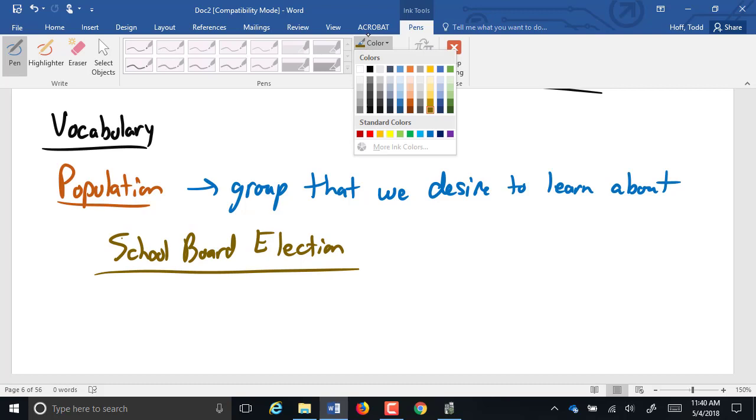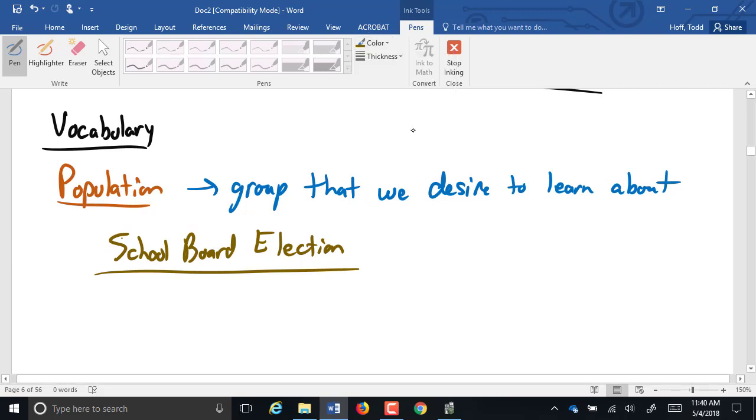So in the school board election, we want to know who is going to win coming up in a couple of months. Well, your first instinct is to think we want to learn about the candidates for the board. That's not really what we want to learn about. Yeah, we'd like to know who's going to win and who's going to lose, but the group we're really looking at is voters.